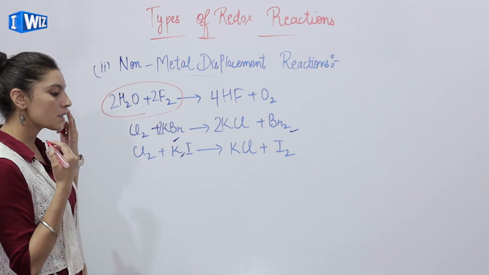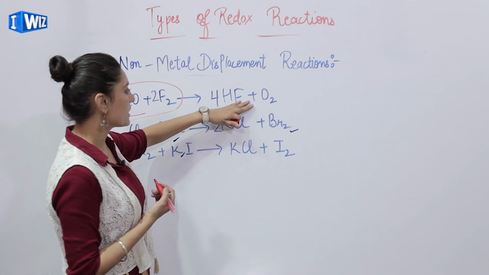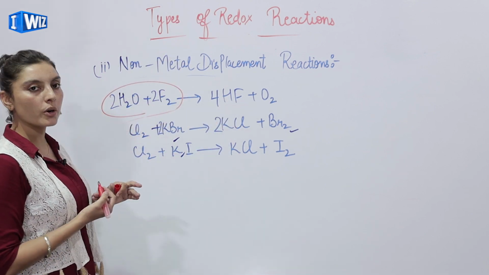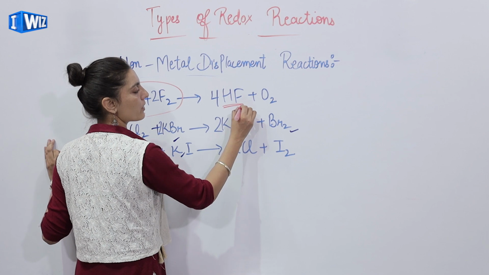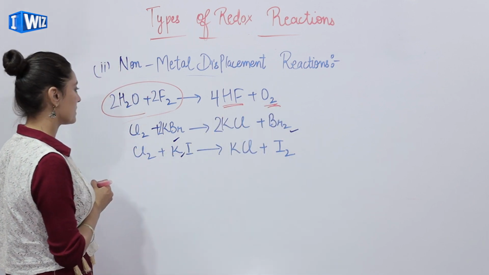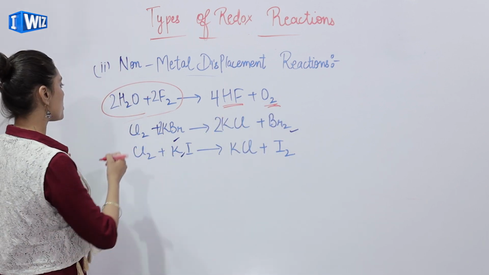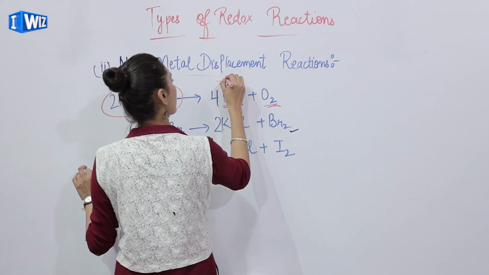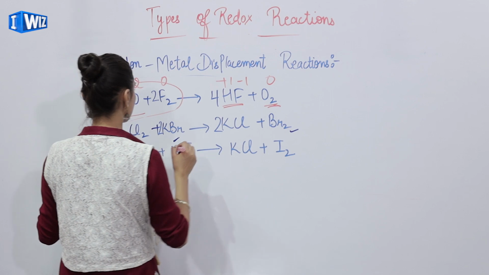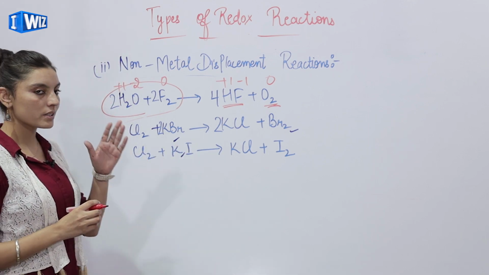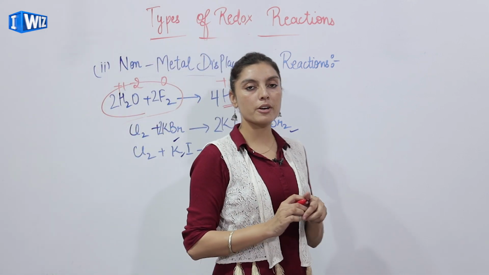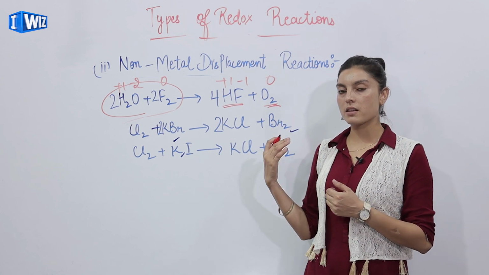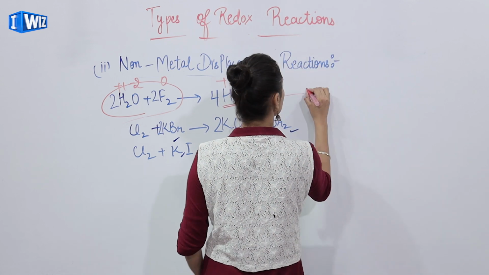Fluorine, reacting as the most reactive non-metal, displaces oxygen from the water molecules, leading to the formation of hydrogen fluoride and elemental oxygen. Let's talk about its oxidation number. +1, -2, 0, +1, -1 and 0. So we could see that there is an increase in the oxidation number of a few elements and a decrease in others, hence the reaction is redox in nature.